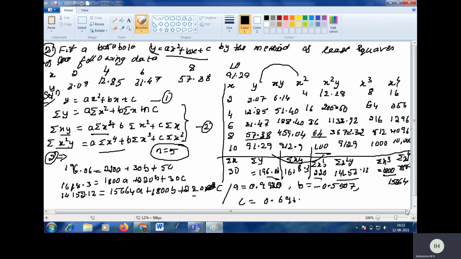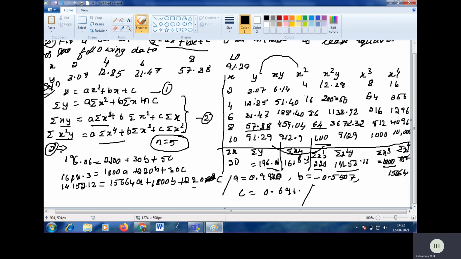We have to substitute these values in equation 1.